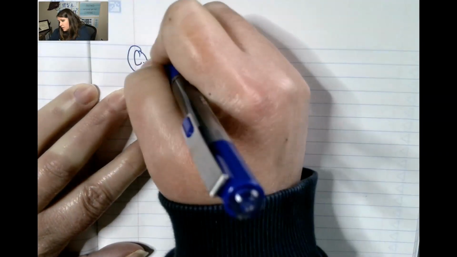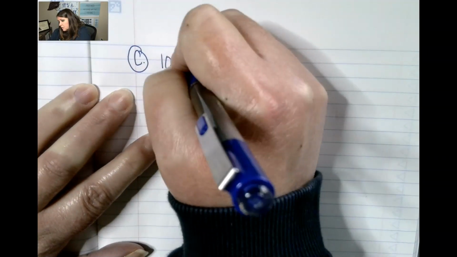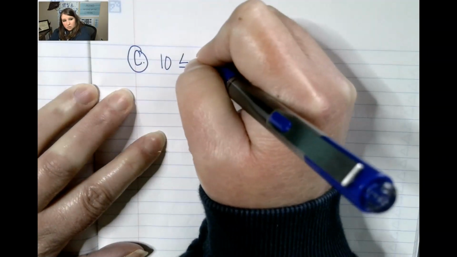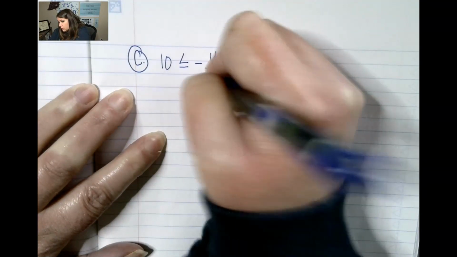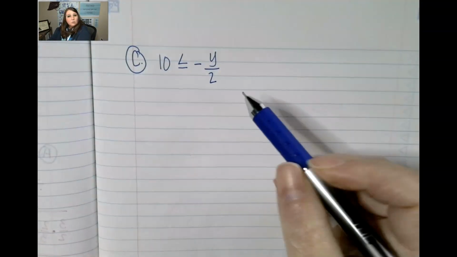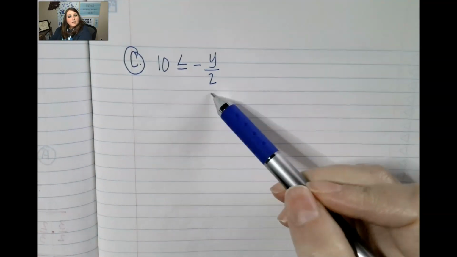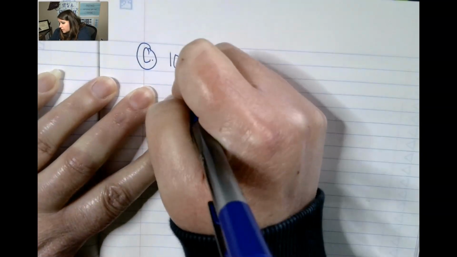On example C, I have 10 is less than or equal to negative y over 2. Okay, this one is the same as saying divided by 2, right? Or sometimes they rewrite this as 1/2 y, like this.